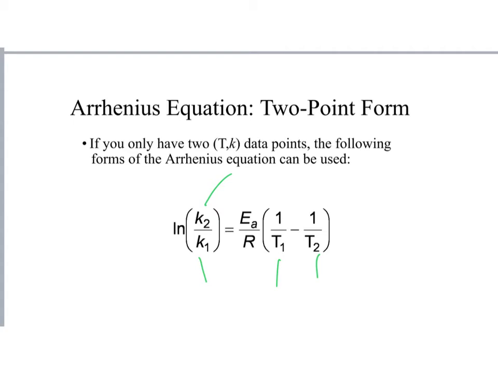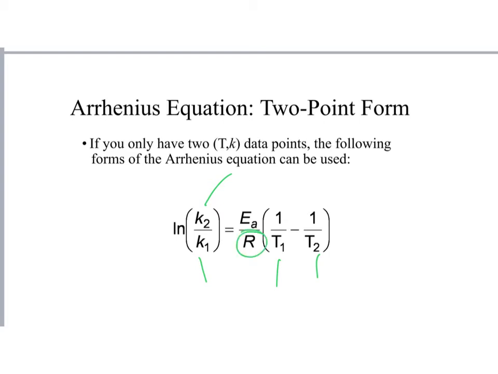Once you then take the natural log of both sides, A is the same, right? So ln of A over ln of A is 1, and it drops out of the equation. So we don't have to deal with A. We already know that R is a constant.